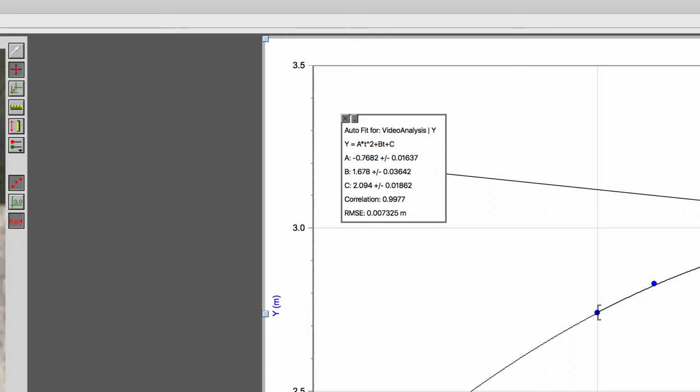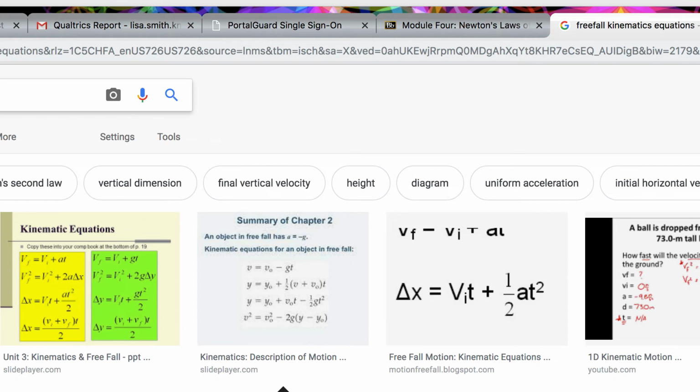Notice that in the equation, it says y equals at squared plus bt plus c. What I really want to stress to you is that this is very similar to that formula that we just looked at, right? y equals some constant plus some constant times t minus some constant times t squared.